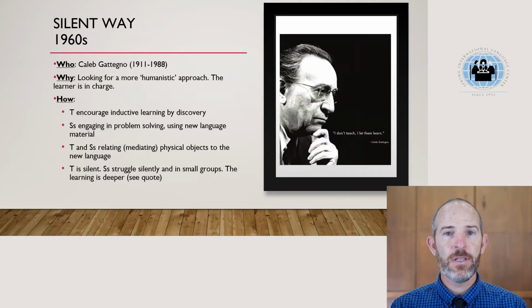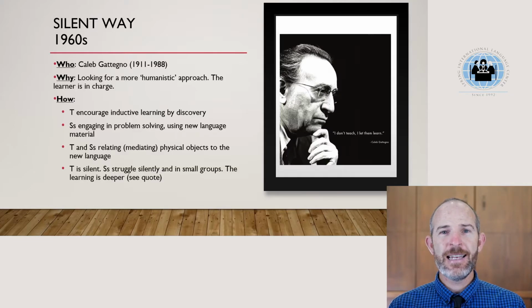The first one here is called the silent way. This is a little bit different than the silent period that we see in TPR. The silent way, developed by Caleb Gattegno in the 1960s, he was not a language professional. He was more of a mathematician, and in his own studies, he came to believe that in order to truly retain new information, in order to truly know something in a way that you can use it in a lot of different settings, in order to get to that deep level of learning, there had to be struggle.